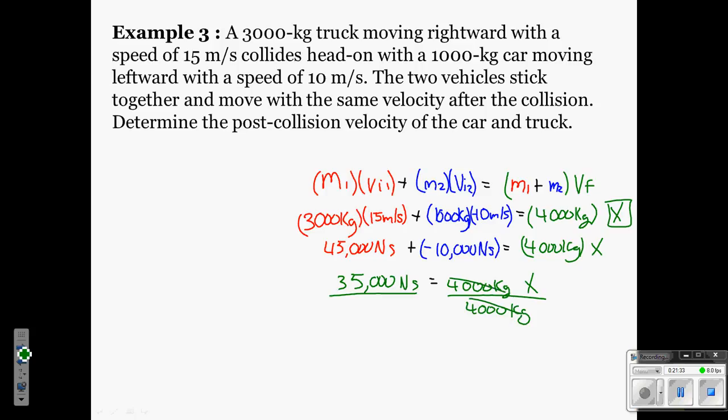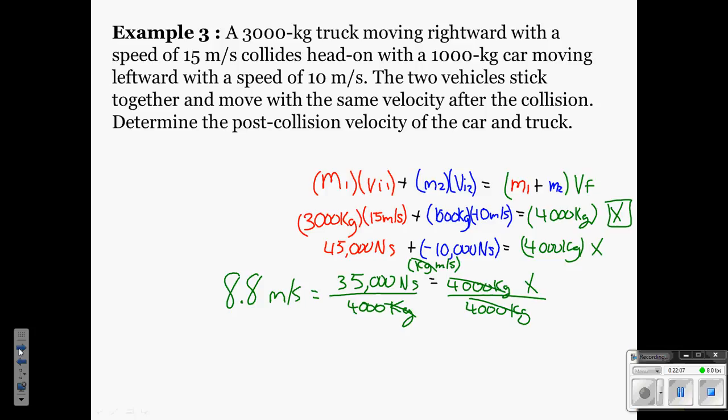They cancel out over here. Now remember, this is kilogram meters per second. So that will cancel out, so I end up with meters per second. And so your answer is 8.8, and it's positive. It's going to the right.